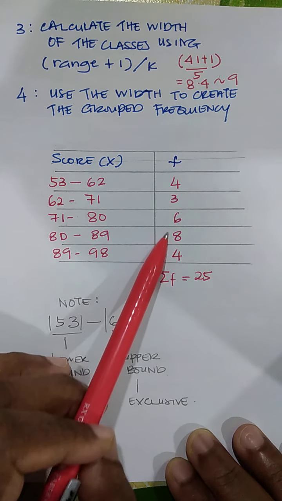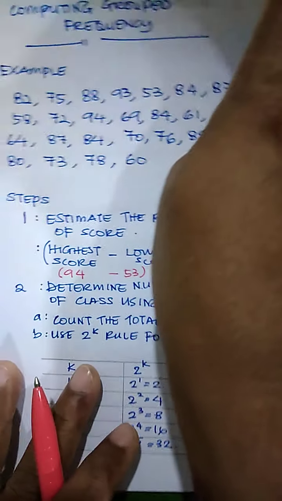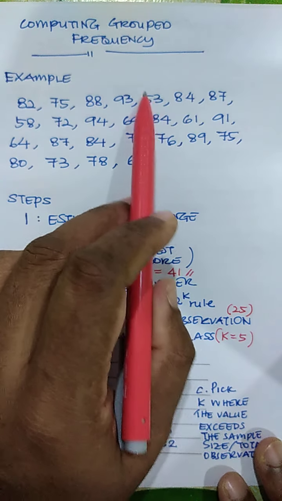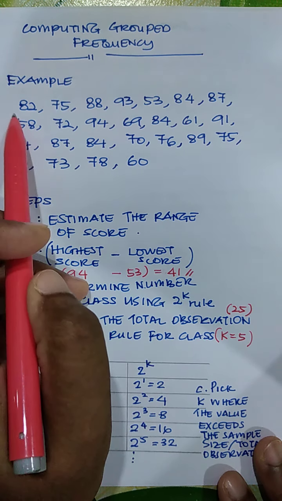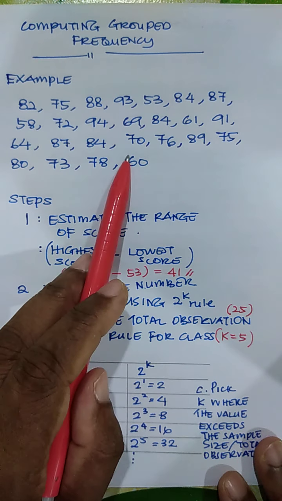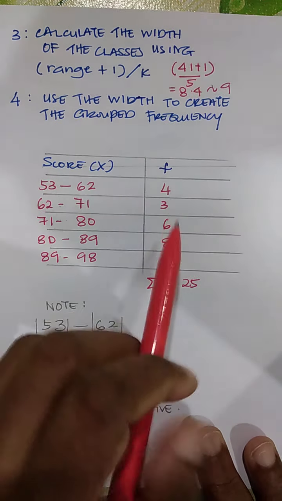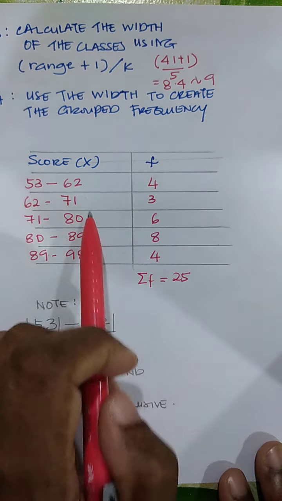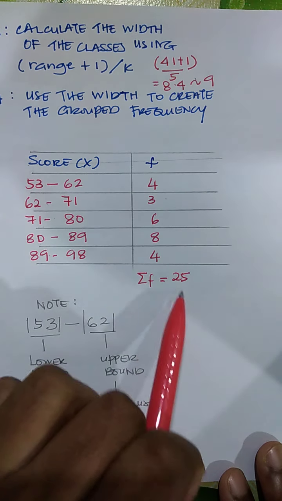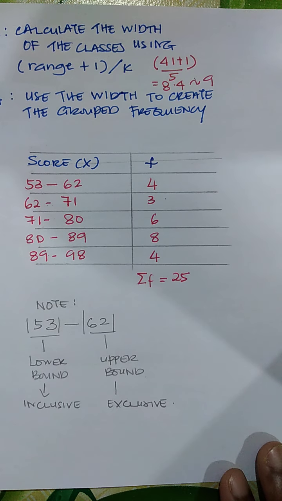We count how many of them occur. For the first class, from 53 to 61, we count 1, 2, 3, 4. So you will get 4. We do that for every class. When you add all these frequencies, you will get 25, because the total observations that we have is 25.